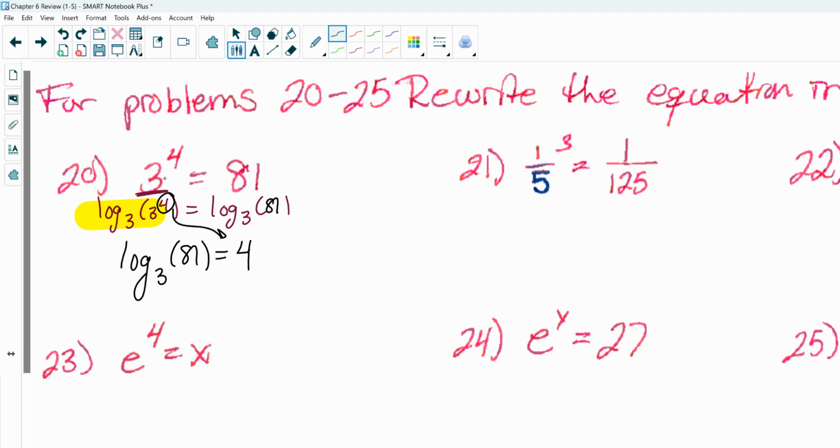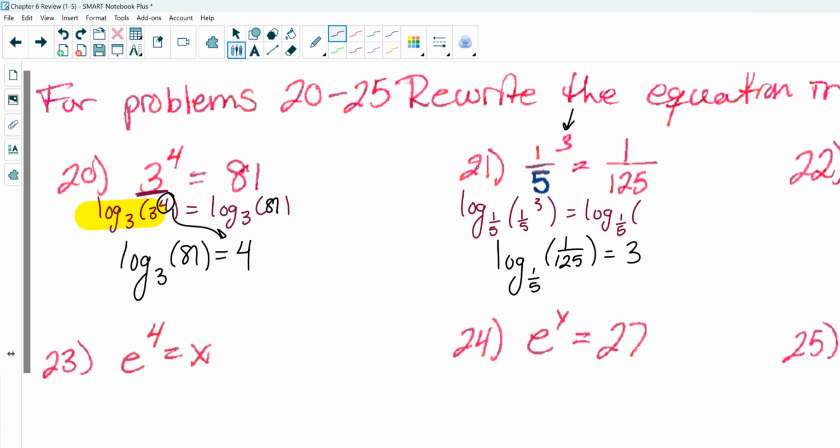We can do a similar thing here, but since our exponent is attached to the 1/5, we'd say log base 1/5 of our other side, 1 over 125, is equal to 3. Because what we're doing is log base 1/5 of 1/5 to the 3rd is equal to log base 1/5 of 1 over 125.